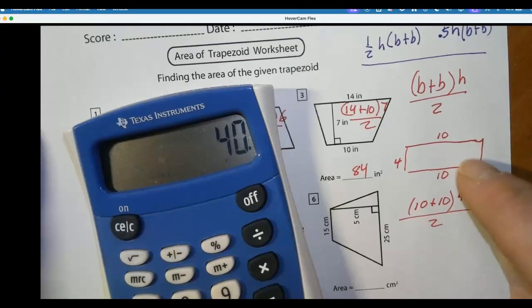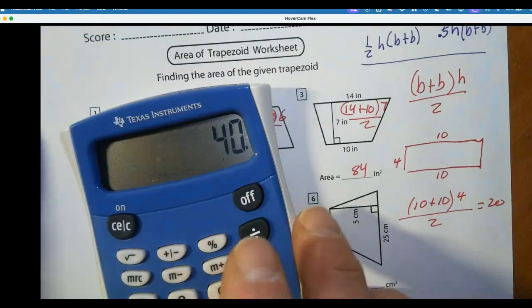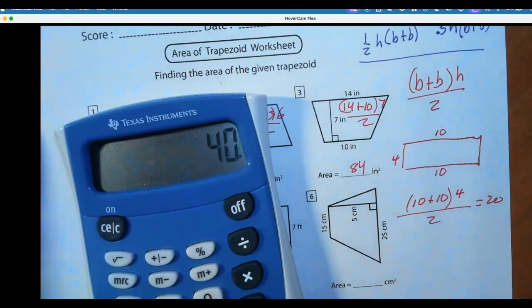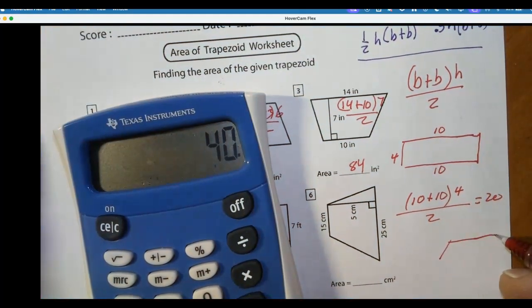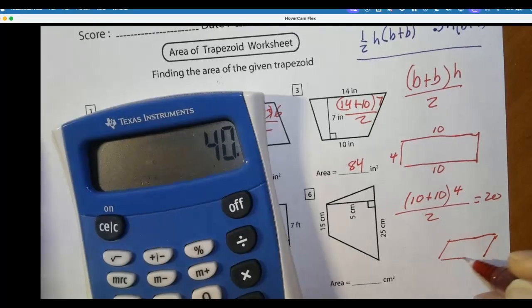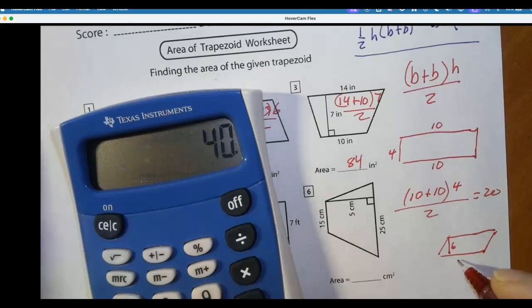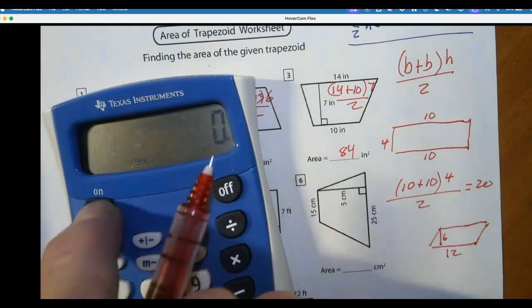Okay, so sometimes it helps me to think about this rectangle as a trapezoid to help understand the formula. Here's a parallelogram. Let's say the height here is 6, and let's say that this measure here is 12. It works for parallelograms too. It's pretty cool.